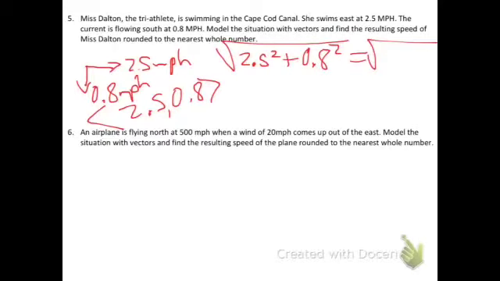So if you take 2.5 and you square that, you're looking at 6.25. And 0.8 squared is actually going to give you 0.64.